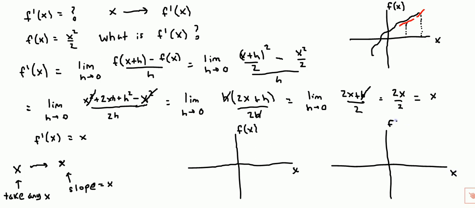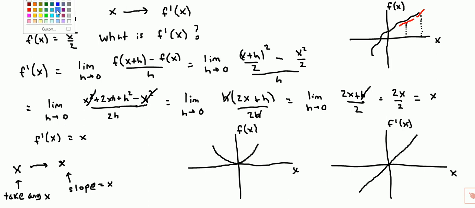So on the left, I'm plotting f of x. That's our function x squared over 2. And here I'm plotting f prime of x. f prime of x is just x. So that looks like that line passing through 0. So remember, take any x.